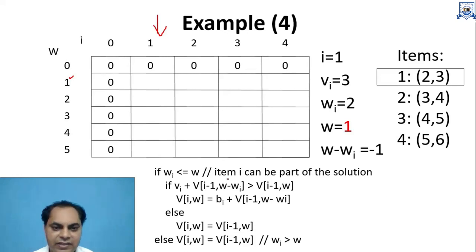This signifies that this condition doesn't hold, Wi is not less than or equal to W. So in that case the else part will run. What it does, V[i][W] is equal to V[i-1][W]. In our case i is equal to 1 and W is also 1, so V[1][1] is equal to V[0][1]. So what is V[0][1]? This. So this value will be used over here, 0.